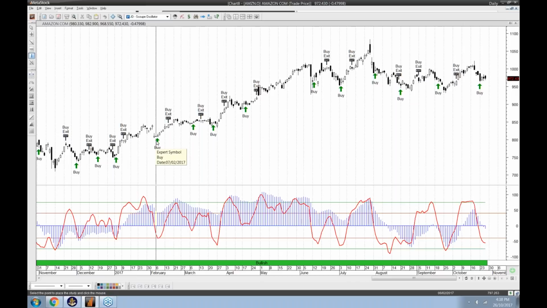The opening price the next day is going to be the best price of the day less than 1% of the time. Since we're using the open price for both getting in and getting out, that means that 99% of the time we're going to be able to improve that price, either on the exit or the entry or both.